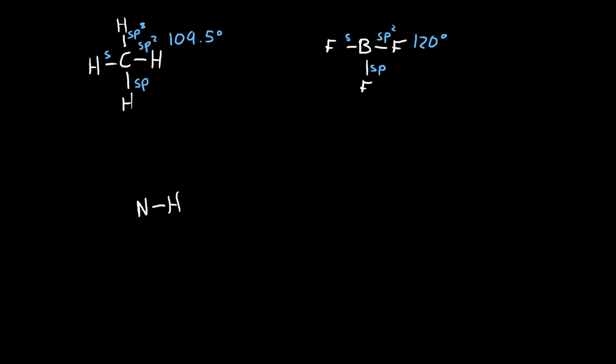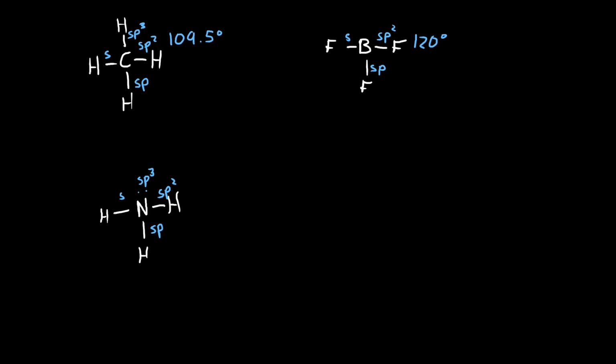Next, ammonia, not ammonium. Nitrogen is connected to 3 hydrogens, and it has 1 lone pair on top. So let's count the groups: s, sp, sp2, and sp3. The lone pair on top is considered a group as well.